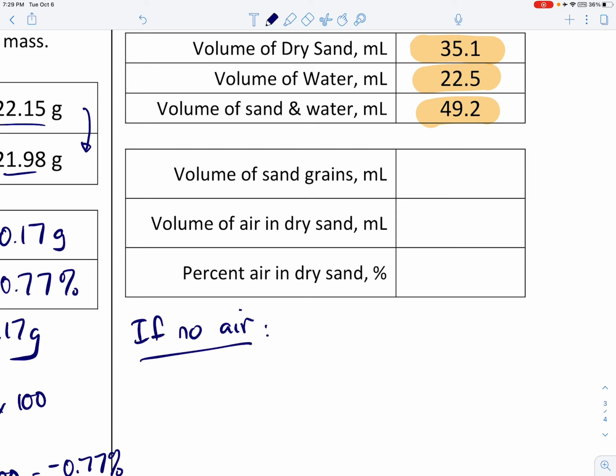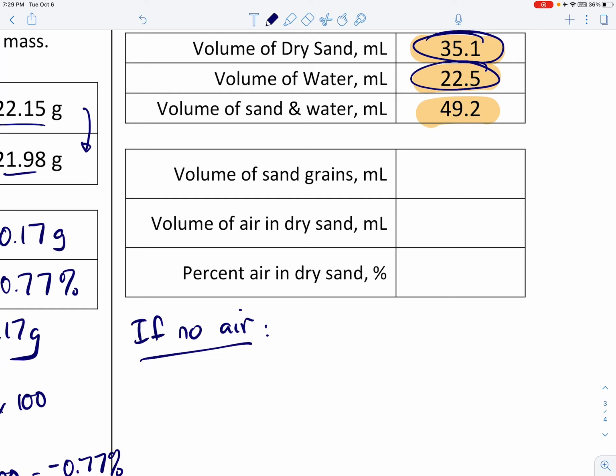If there was no air, write that down in your answer. Suppose you added 35.1 milliliters of an object, like we talked earlier about a marble, and you added it to 22.5 milliliters of water. If there's no air present in the object, if it's a solid marble or a solid sphere, then most middle school students would say that the total volume will just be those two numbers added together.